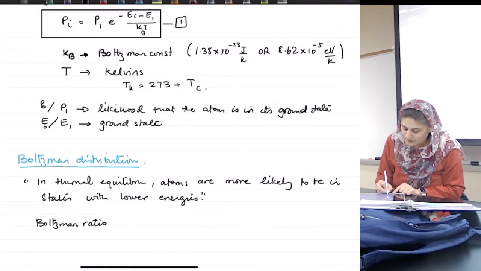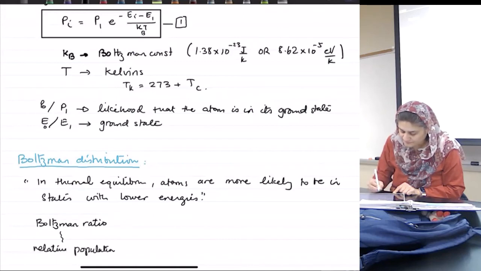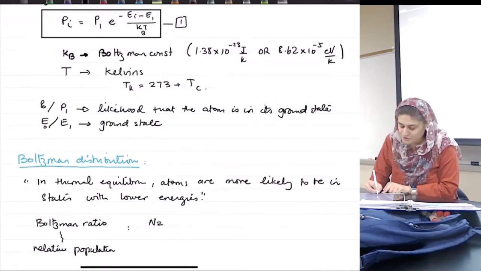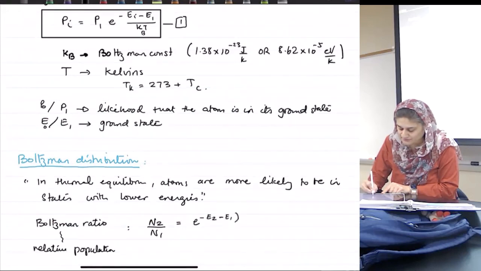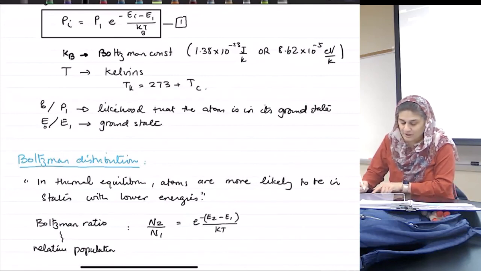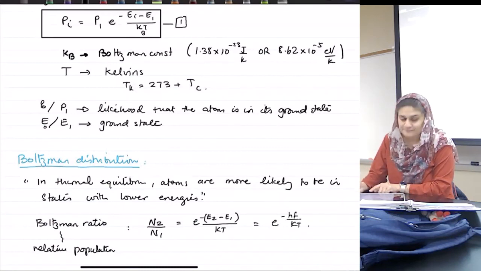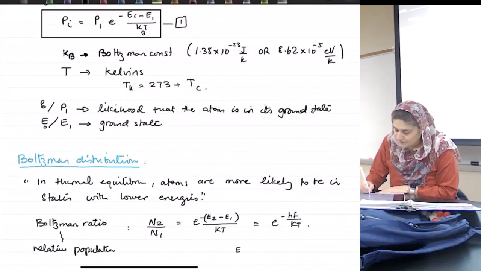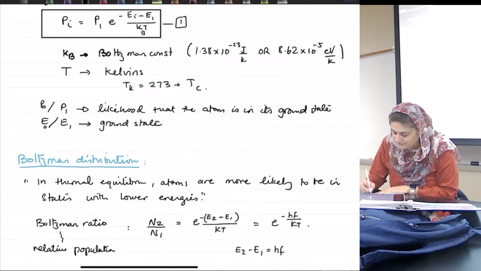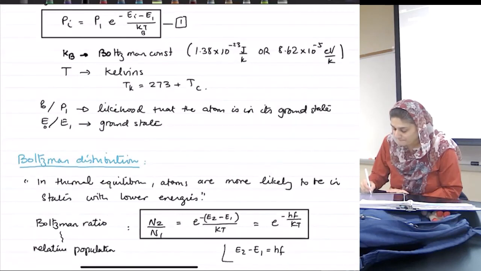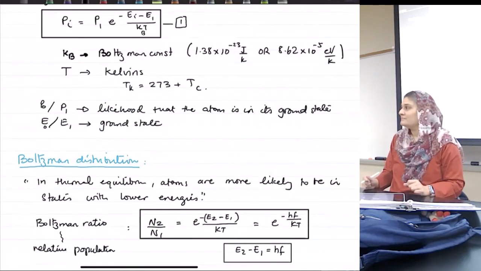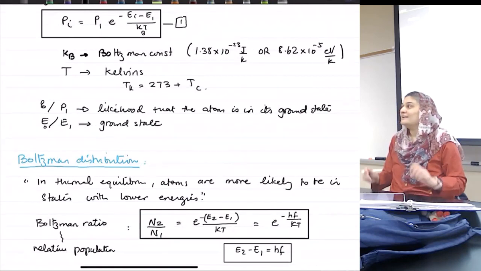And sometimes it's also called relative population. And he redefined it to say N2 over N1 will be given by e to the minus (E2 minus E1) over kT, or e to the minus hf over kT, where E2 minus E1 is defined as hf. Okay, are we ready? Think about lasers. This will lead us into it.